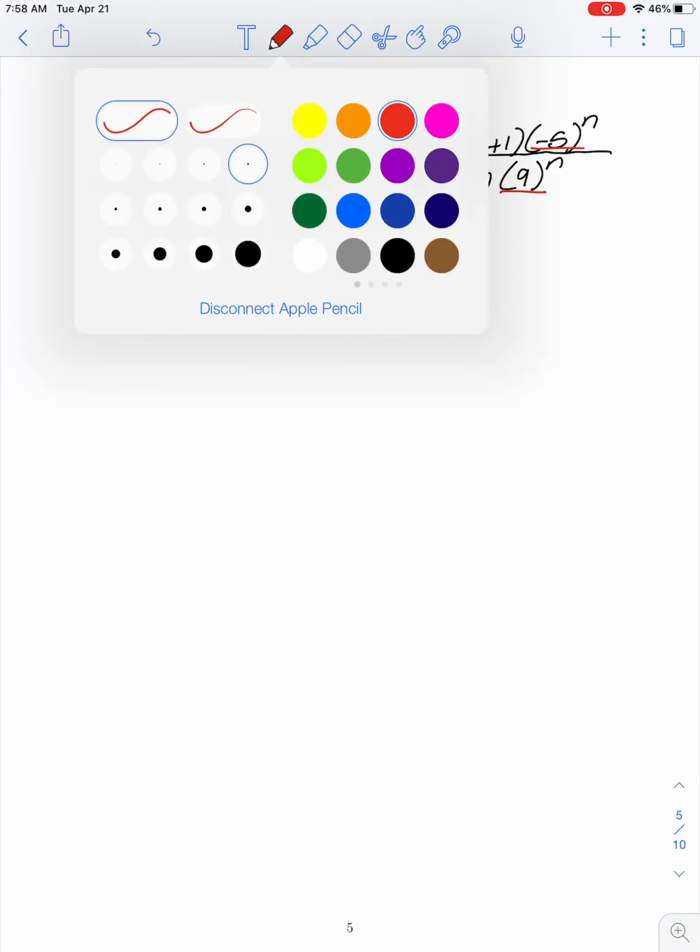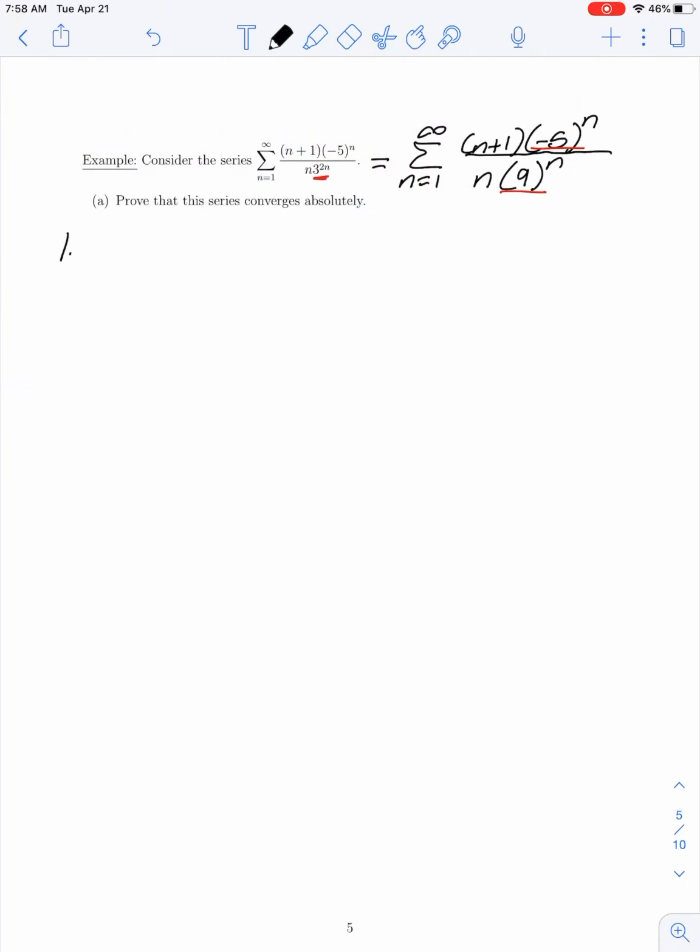So to do that, we could apply the ratio test, which says we look at the limit as n approaches infinity of the absolute value of a sub n plus 1. So here our numerator would be (n plus 2) times (negative 5) to the n plus 1, divided by (n plus 1) times 9 to the n plus 1 power.